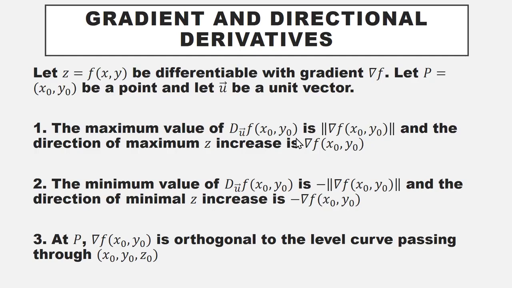And the maximum value will be the magnitude of the gradient when I plug in x0, y0. So the direction of maximum increase is the direction of the gradient. The minimum value of the directional derivative is going to be negative the magnitude of the gradient. And the direction of minimal increase is going to be negative whatever the gradient is.